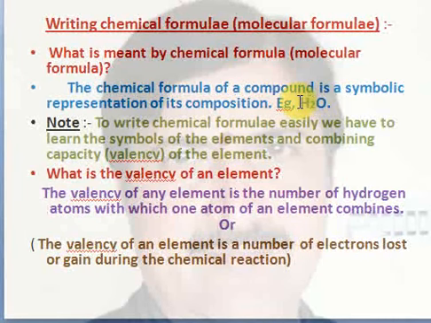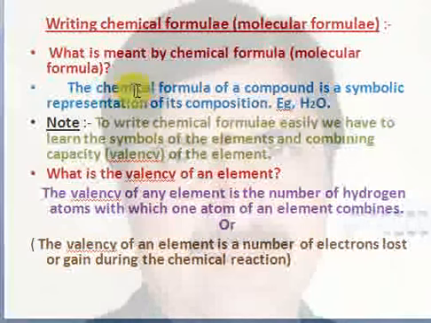That is the statement. But that statement can be written symbolically by using the symbols of the elements and the number of atoms that are present. So this is called molecular formula.